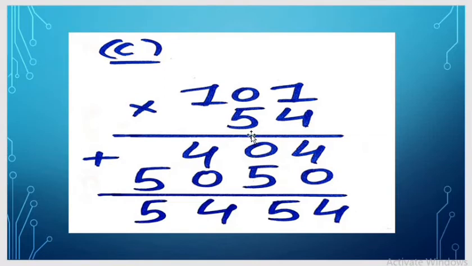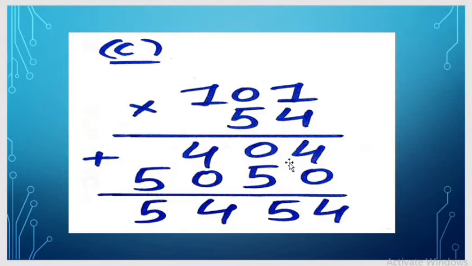Then we do multiplication by the second digit. This digit first we have done 4, and now we do 5. 5 ones are 5, 5 zeros are 0, 5 ones are 5.